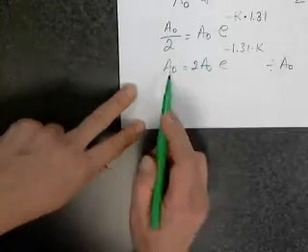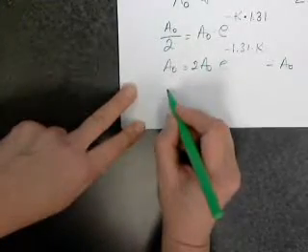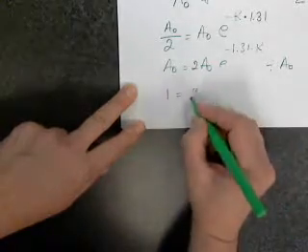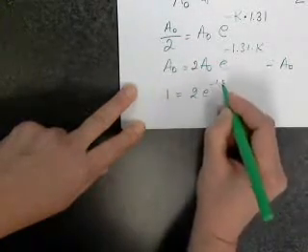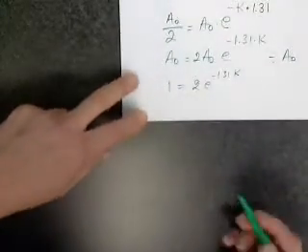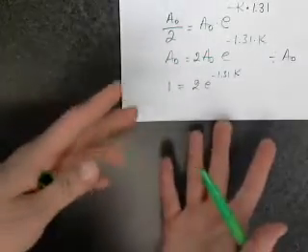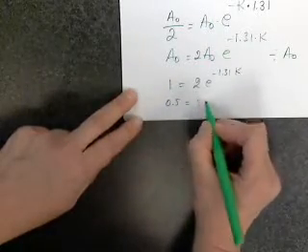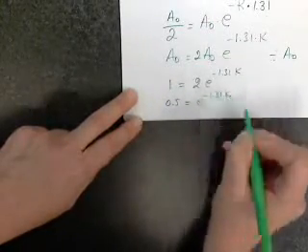If I divide A0 by A0, what do I get? 1. If I divide 2A0 by A0, I get 2 here, and e to negative 1.31 times k. In order to get to k, I have one more step that we applied before, a few minutes ago. What should I do? Right, so 1 divided by 2 is 0.5 equals e to negative 1.31 k.